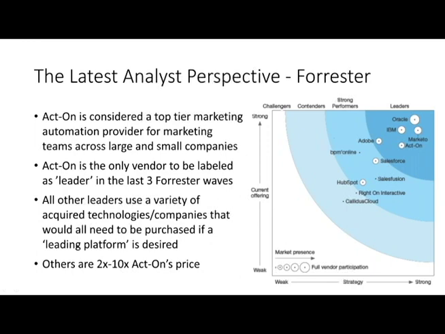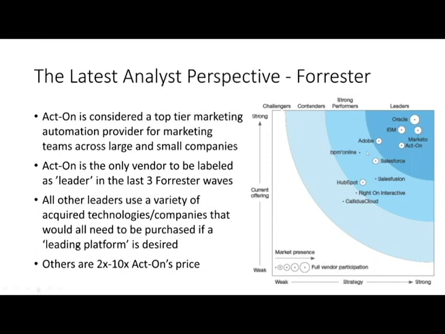As you can see here from the Forrester perspectives, it's in that upper quadrant. In fact, they're showing it as it compares with enterprise class platforms. Those ones from Oracle, IBM, and Marketo are really enterprise class platforms. So you're getting near enterprise class functionality in a product like Act-On.